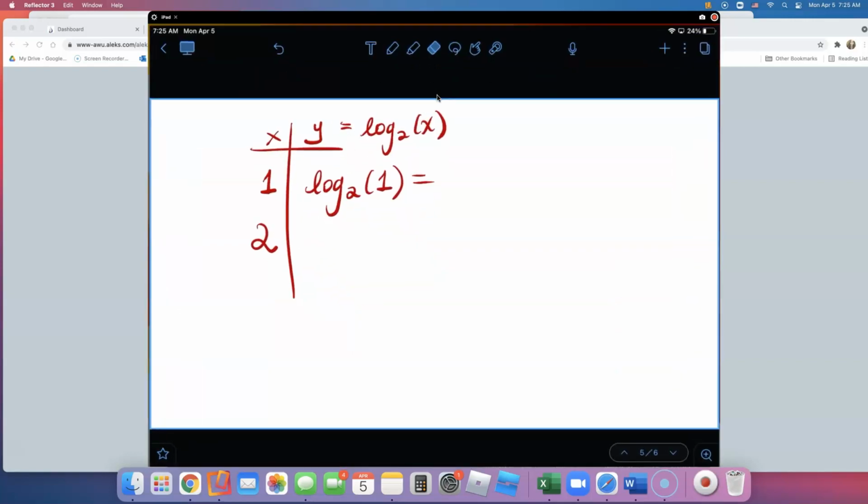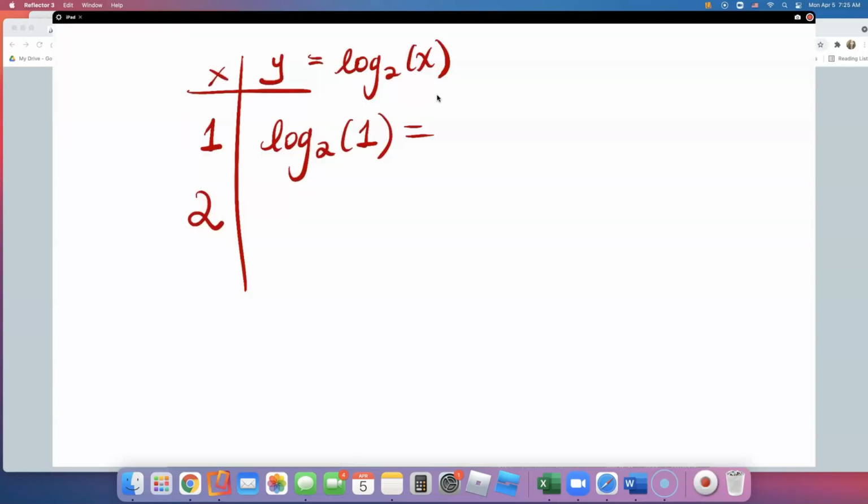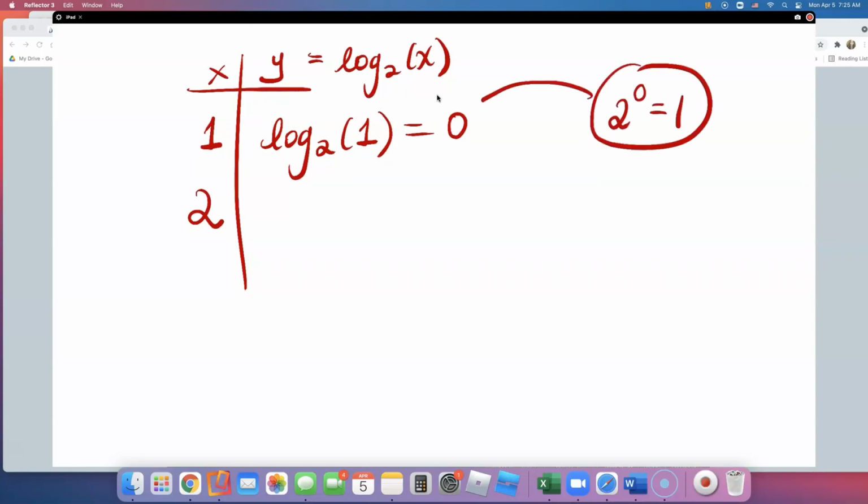But we did talk about how to rewrite this in exponential form so we have it in a format we're more familiar with. You know 2 to the 0 power is 1, and this is why this is true. Next one. What is log base 2 of 2?